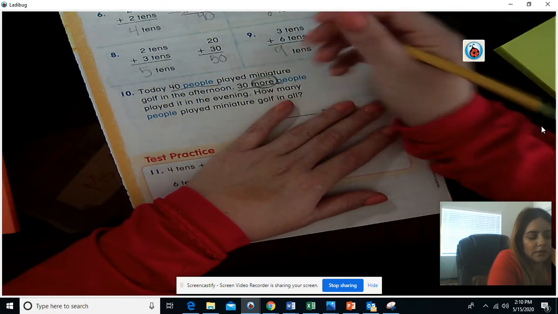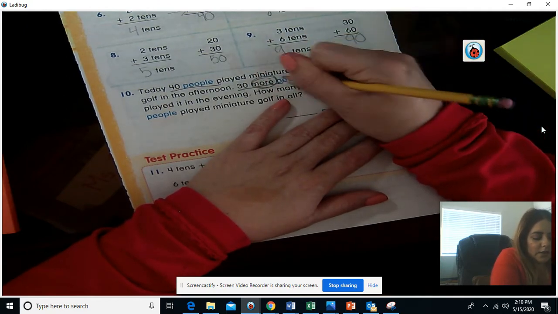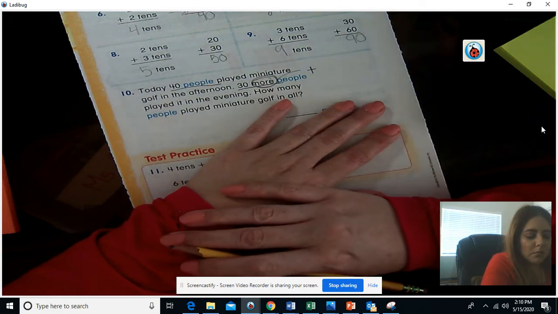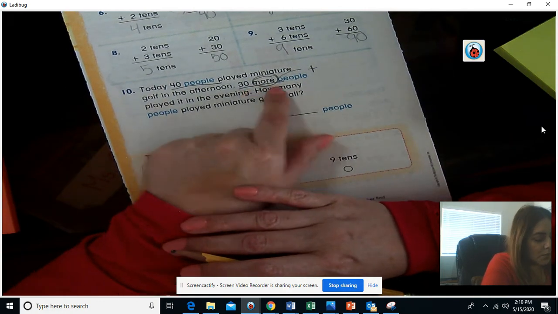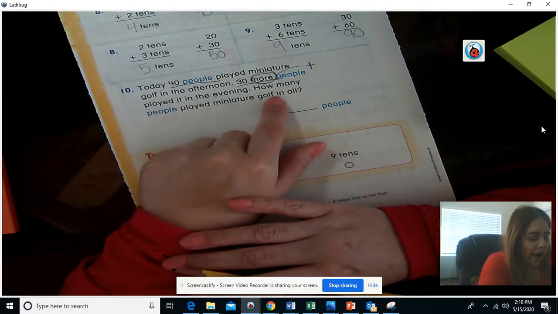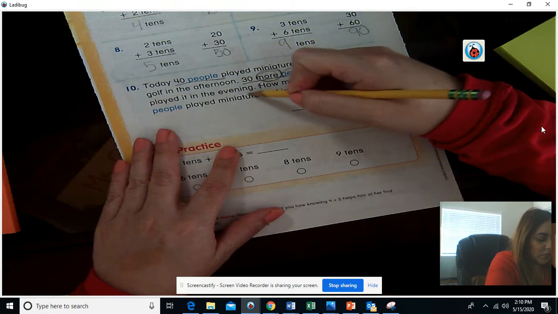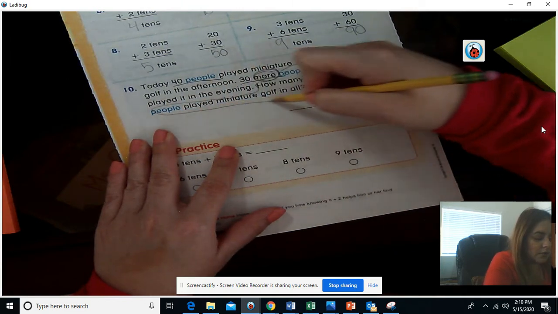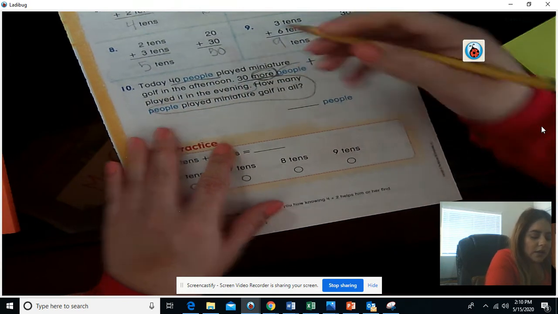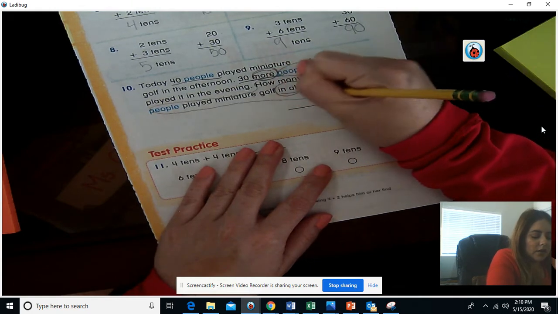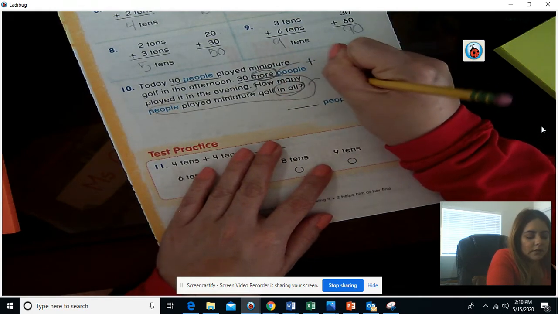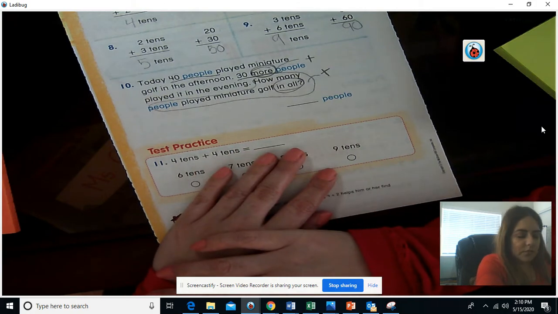More means addition. How many people played miniature golf in all? Another key word is in all. In all also means addition.